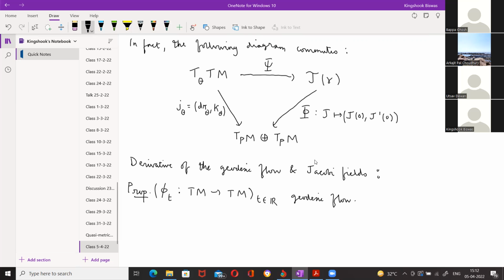Okay. And I take theta equal to (p, v) in TM. And I take, as usual, gamma to be the geodesic with initial conditions theta. So gamma(t) is exp_p(tv), geodesic.